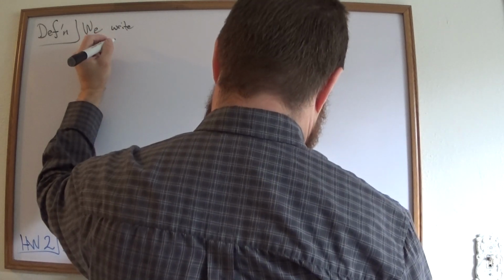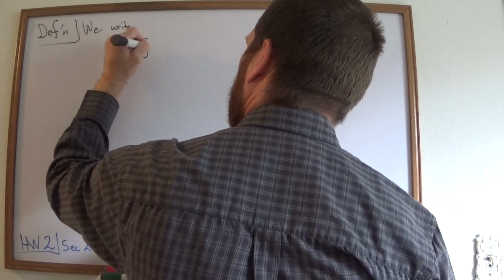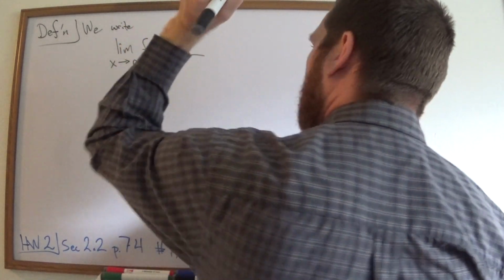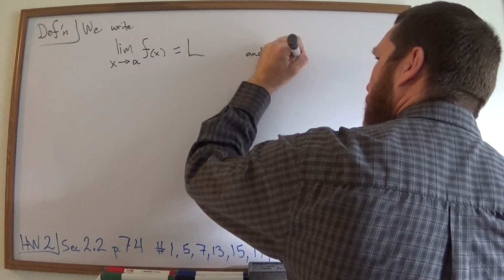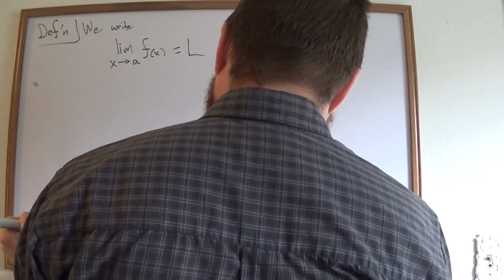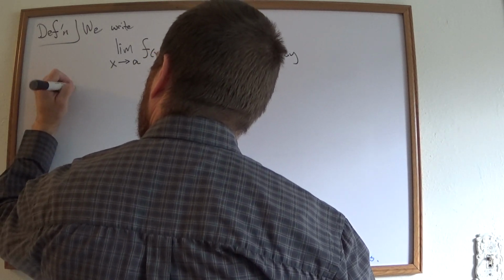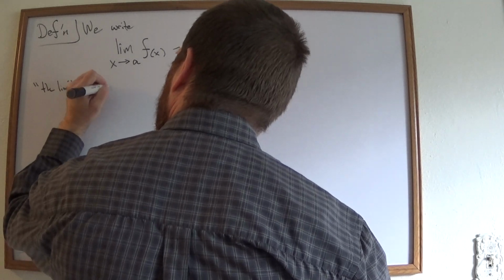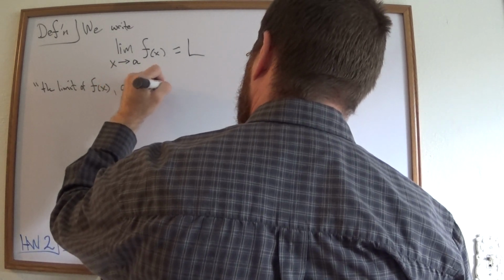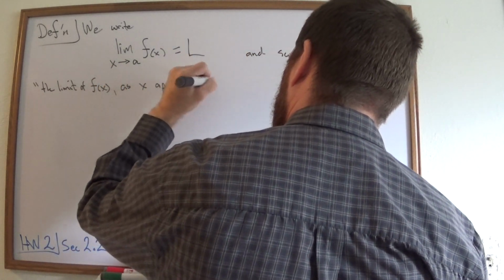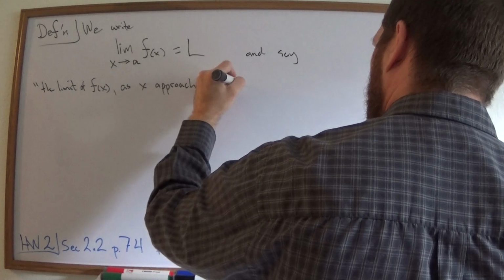We write lim x approaches a of f of x equals L. And say, quote, the limit of f of x as x approaches a equals L.